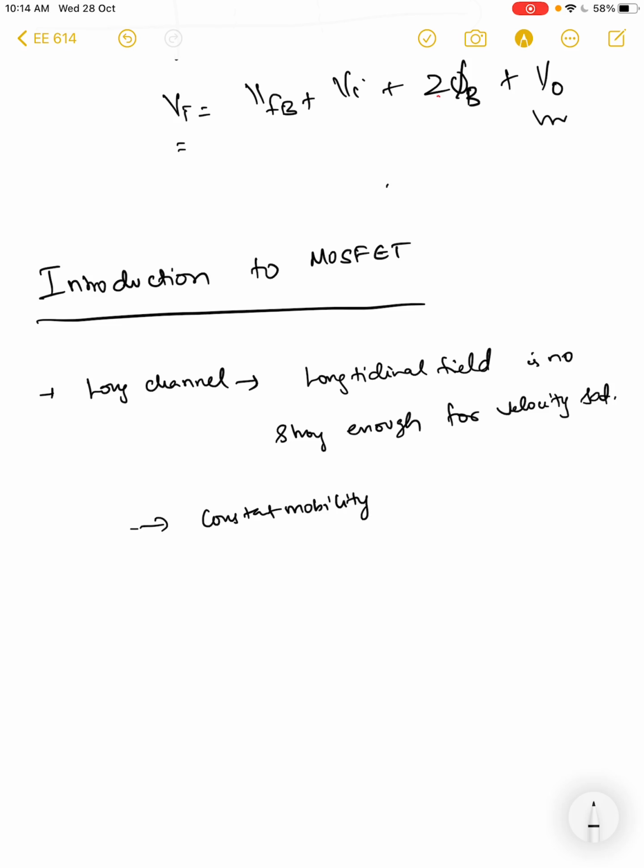That means the carrier velocities are still mobility limited. They respond to the applied field, and you do not have any velocity saturation and other factors. So we will deal with all those things in the short channel effects later on, but our first statement will be in this very simplified treatment of MOSFET.